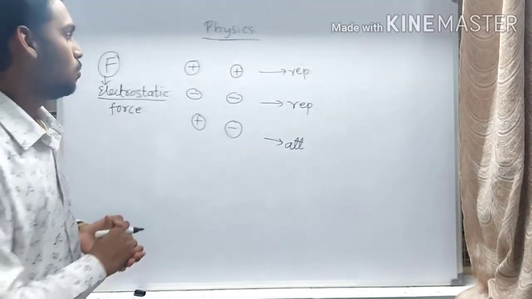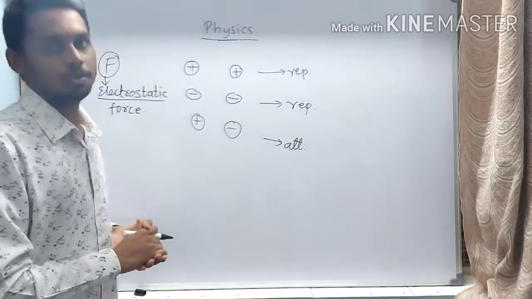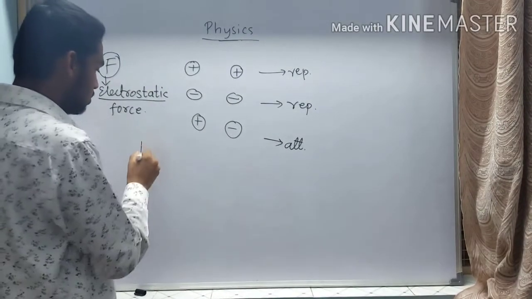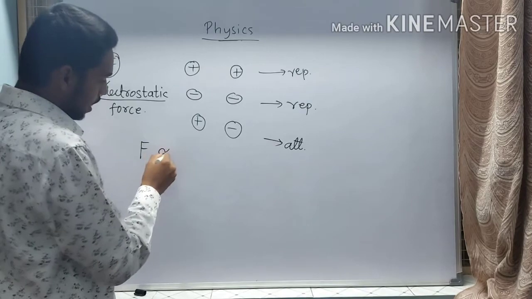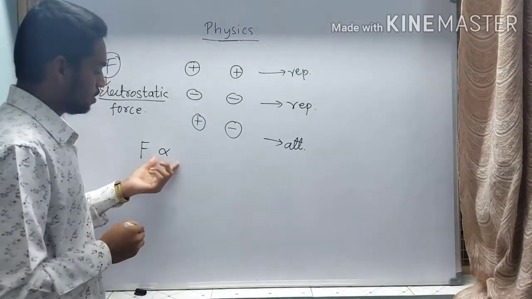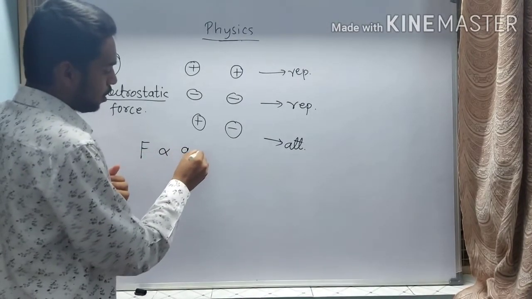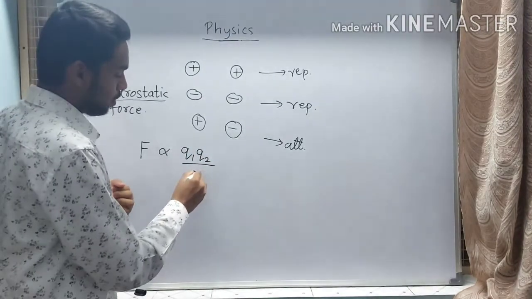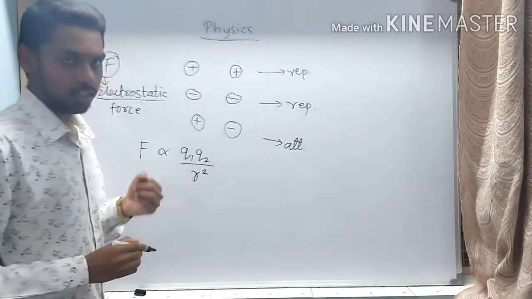Yes, we have. We have a formula which is given by Coulomb. So the formula goes in this way. Force is directly proportional to the product of the charges and inversely proportional to the square of the distance.